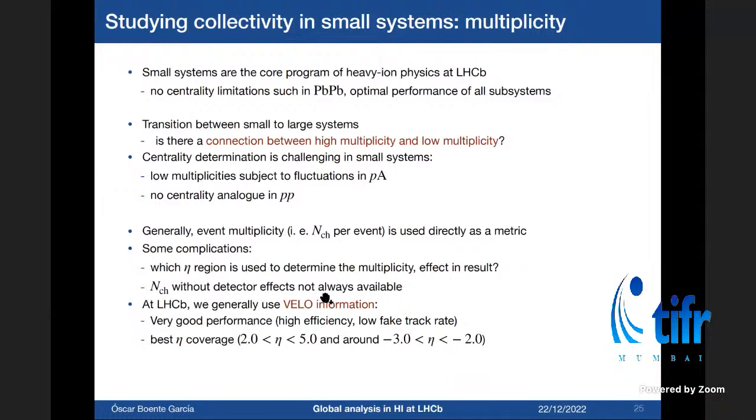So at LHCb, we generally use Velo information because it has very good performance. We don't have to worry much about the detector effects on the observables, and it also gives us the best pseudorapidity coverage.